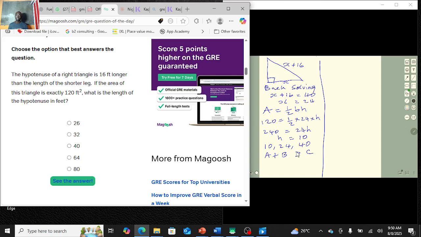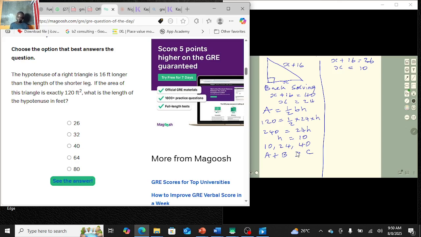Maybe we can try the smaller one. The smallest value given here is 26. So let's try 26. Let the hypotenuse be 26, so that s plus 16 equals 26. Then s equals 26 minus 16, which is 10.